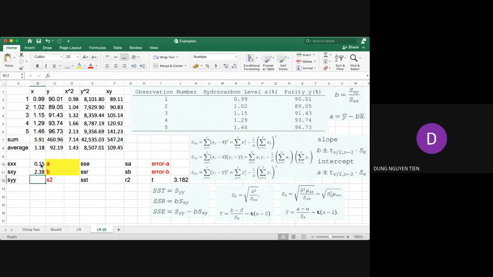That you can do. And then you get Syy, the sum of yi squared minus the sum of yi all squared divided by 5. You understand? That's all right, everybody? Is this okay?